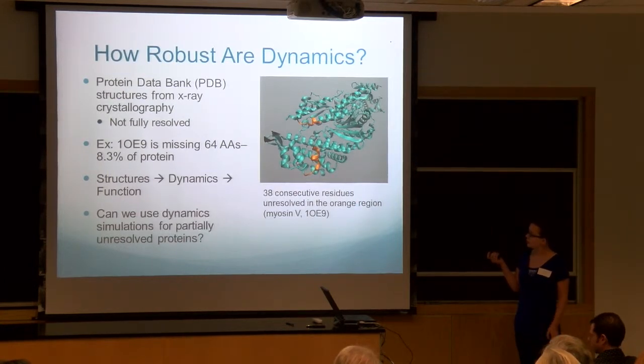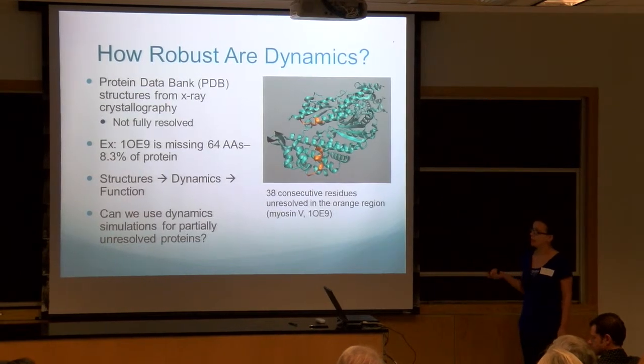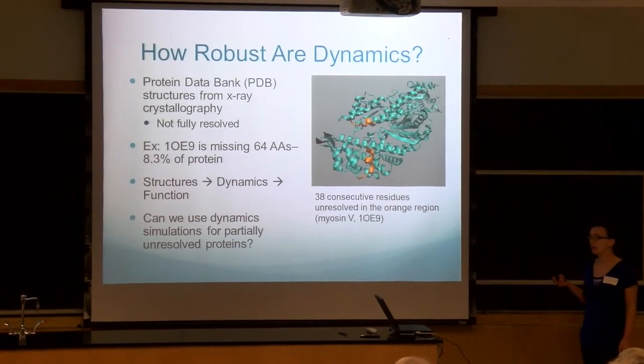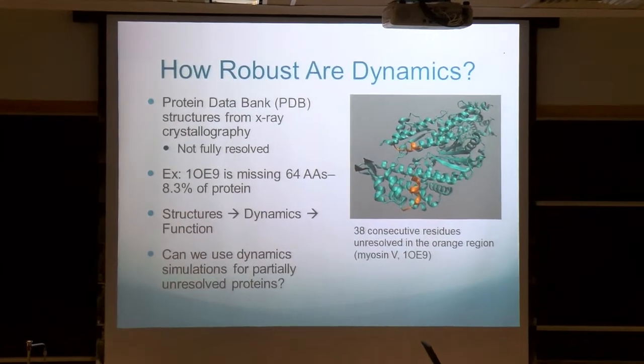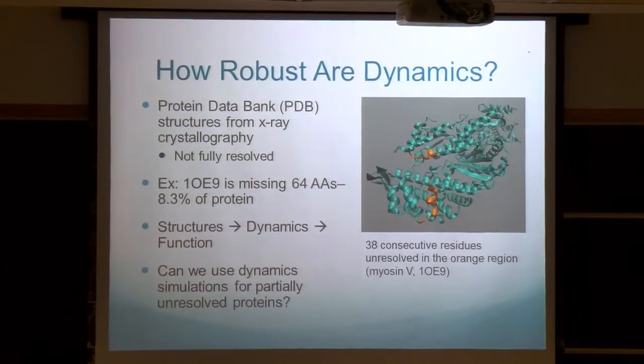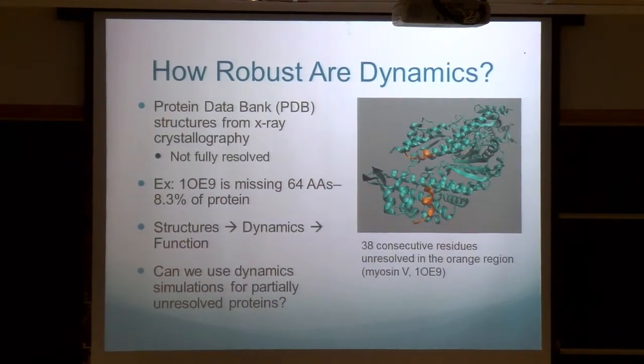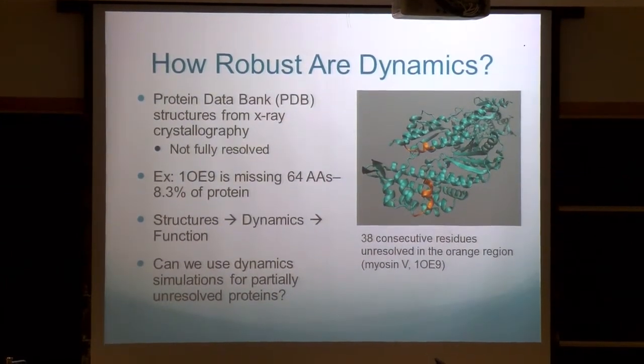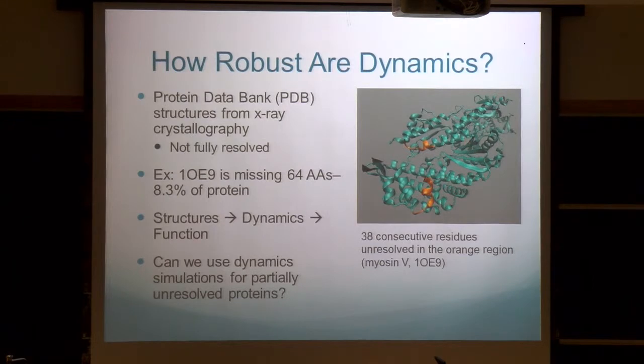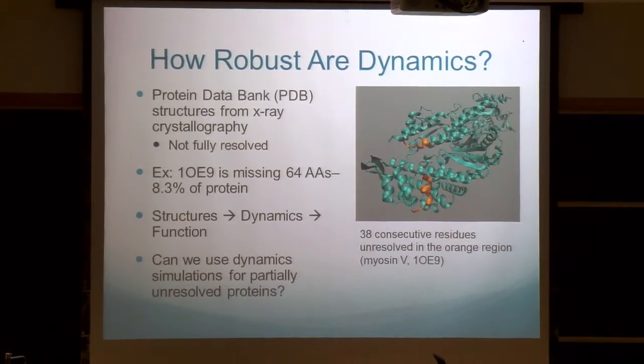You can see that these highly mobile loops are not able to be resolved by X-ray crystallography, and so we're not really sure where these amino acids are in the protein. For instance, 189, this protein here, is missing about 10% of the protein. So the question is, if we're basing our study of dynamics on the structures and then using our dynamic studies to determine their function, how accurate are these dynamic studies? And can we study the dynamics of these incomplete proteins?